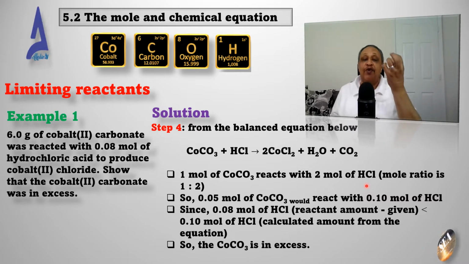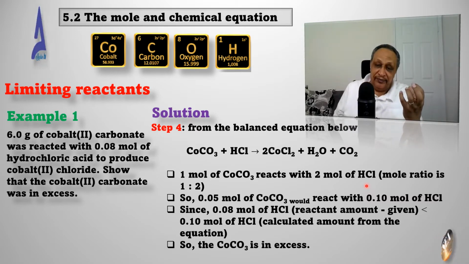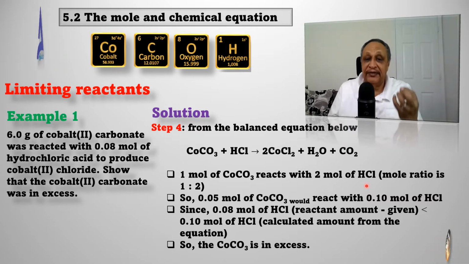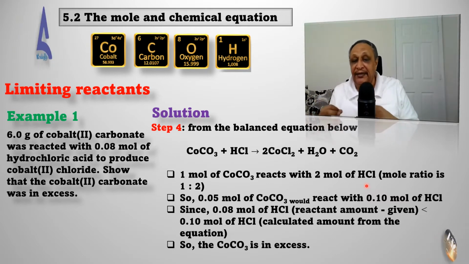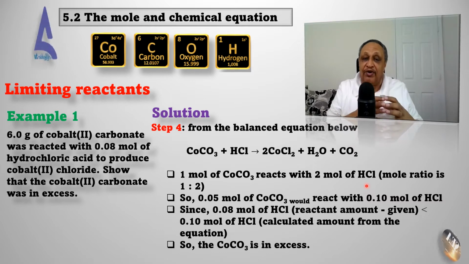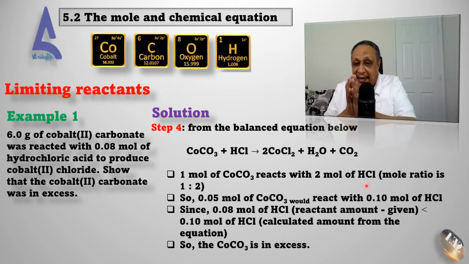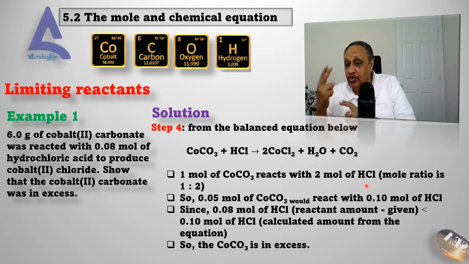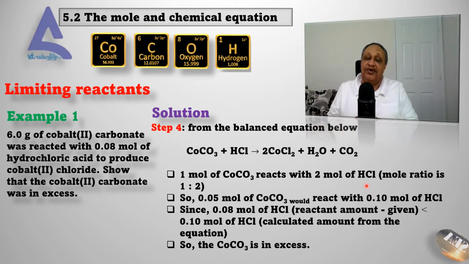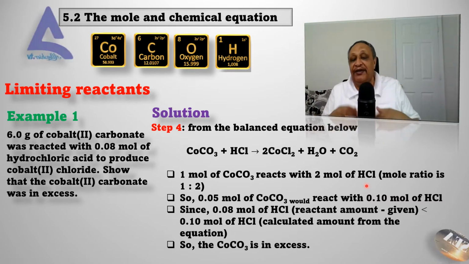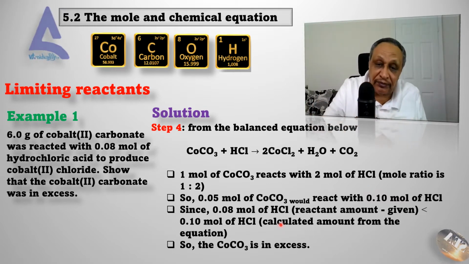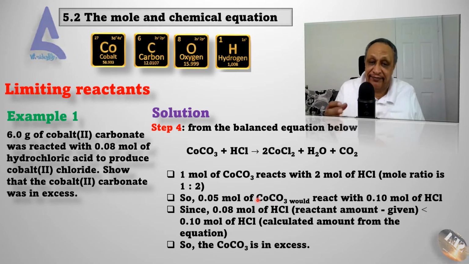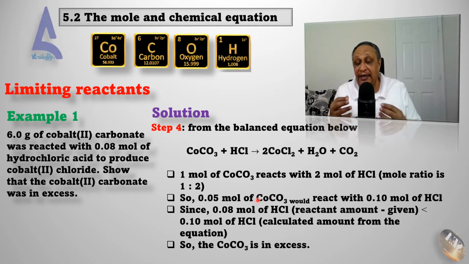If I have 1 mole of copper 2 carbonate, this 1 mole is going to react with 2 moles of hydrochloric acid. So if I don't have the 1 mole, I have less.